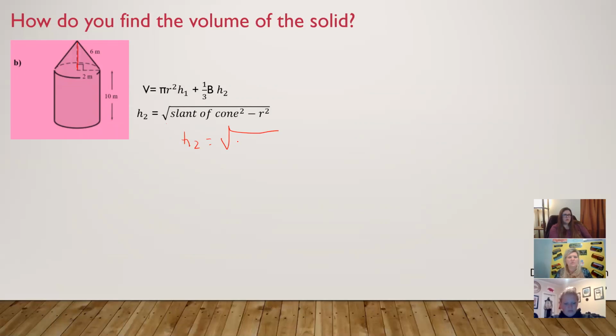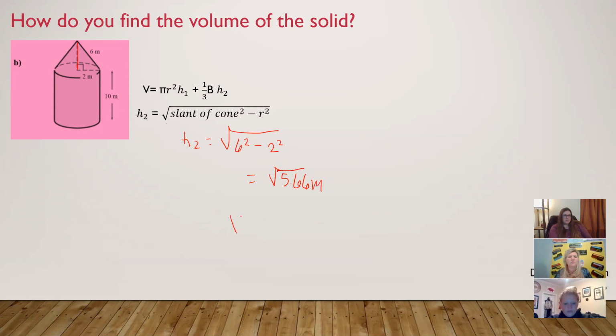The slant of the cone is 6, and the radius is 2, and that's going to equal 5.66 meters.